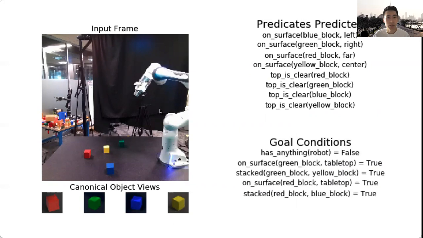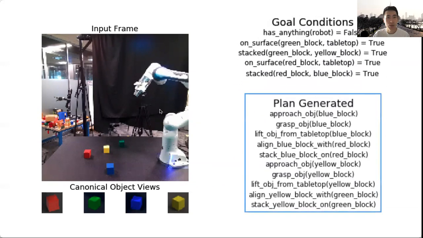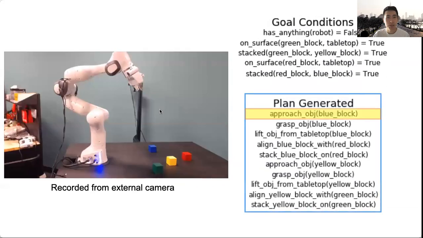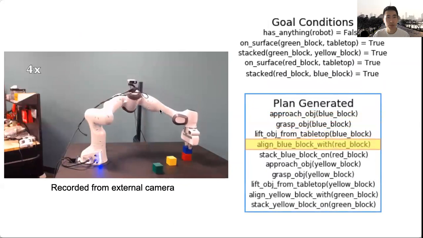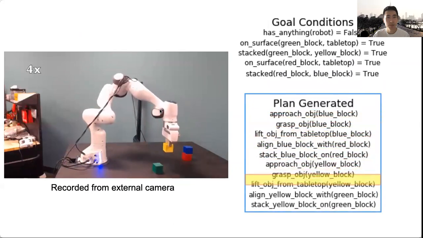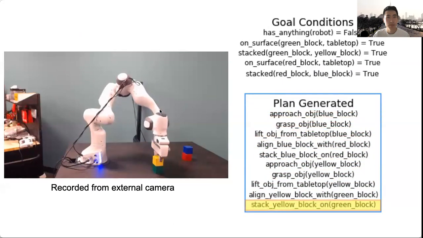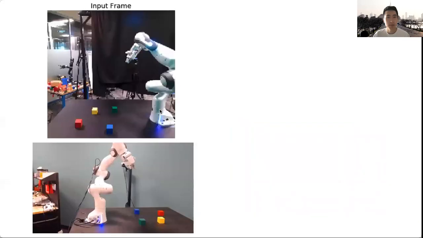The symbolic planner generates a plan according to the predicted predicates and a set of goal conditions. The plan is then executed by the robot in an open loop fashion. Here is another example.